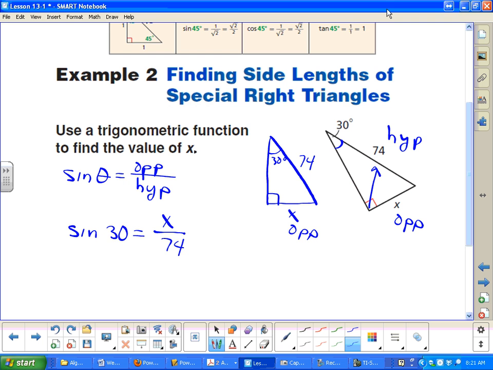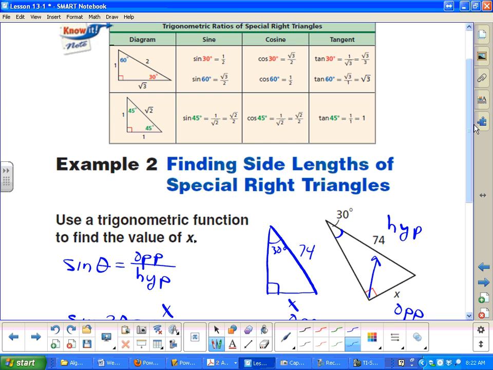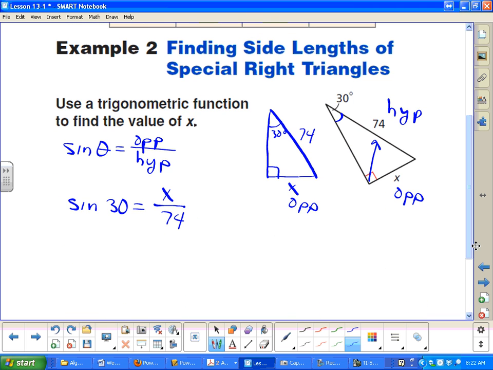All right. So sine of 30, do we know what that is? Yes. Sine of 30 is up here under sine. It says sine of 30 degrees is equal to 1/2. So I'm going to replace the sine of 30 with 1/2, and then I'm going to solve this equation.